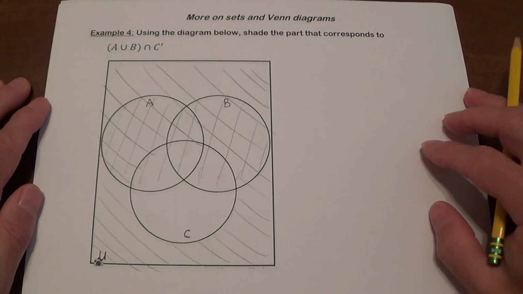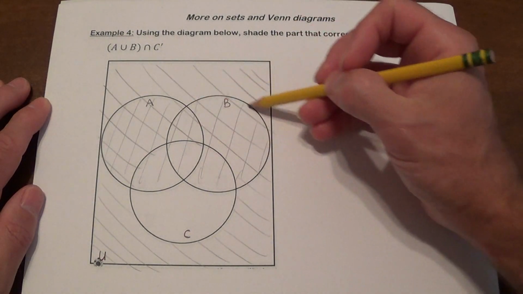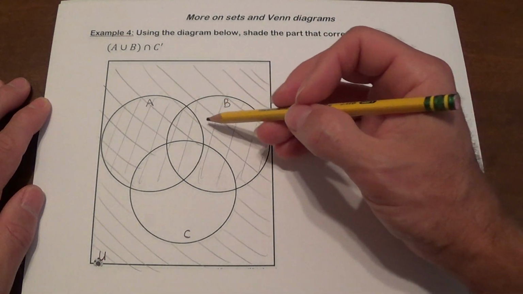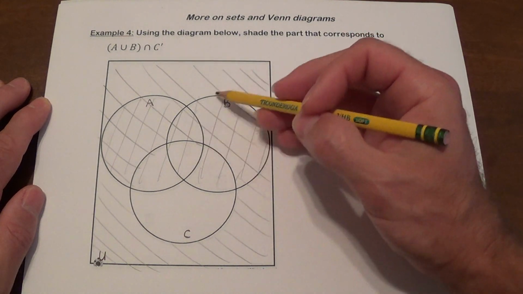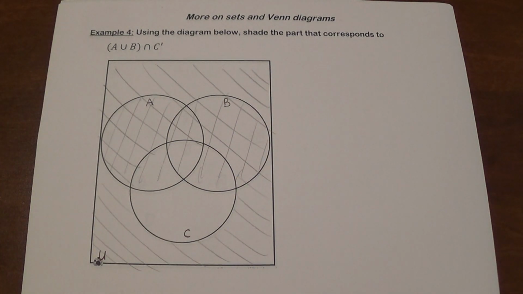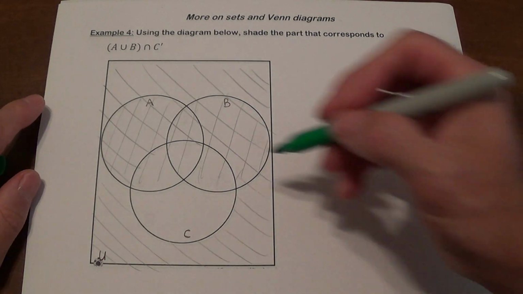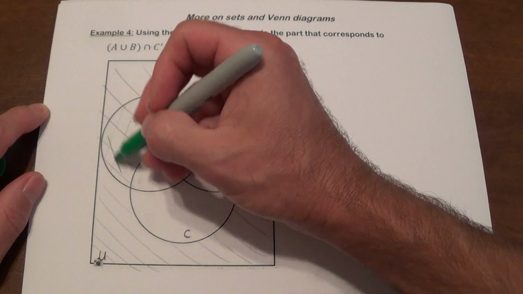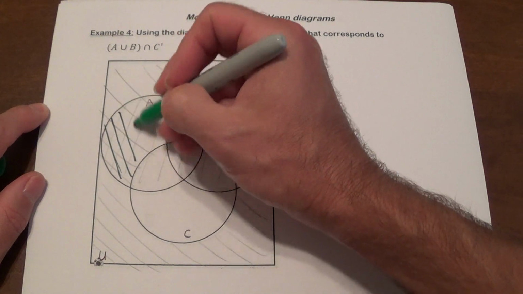I don't know if it's a good comparison or not, but this part here where we have two shaded directions, one going this way and the other one going that way. We want to see where they overlap. So for that, the answer here is going to be, let me go in a different direction.